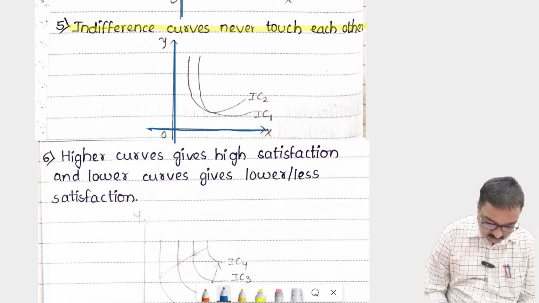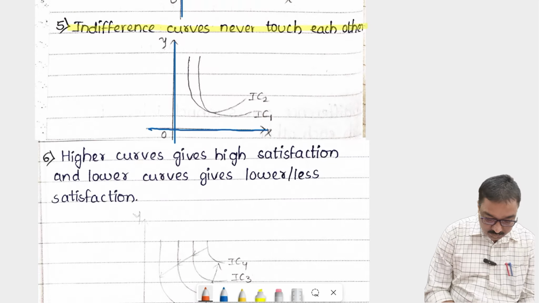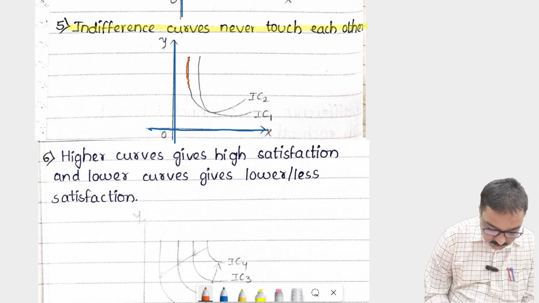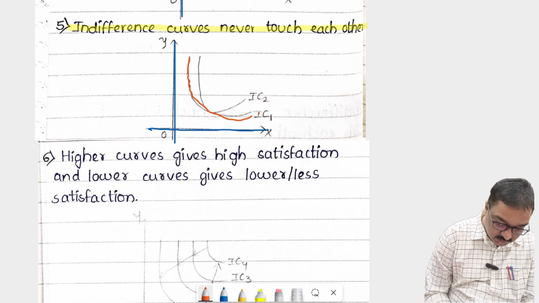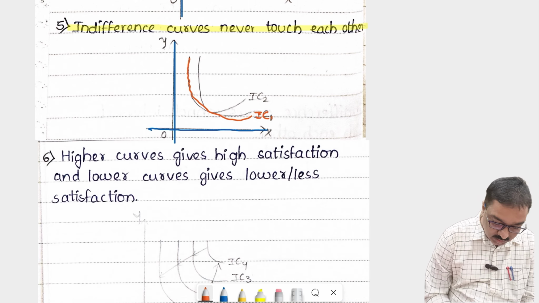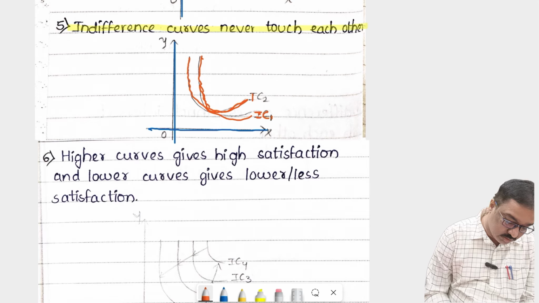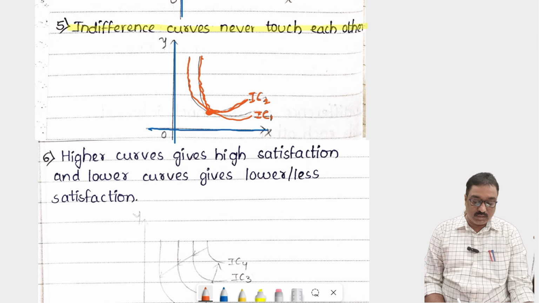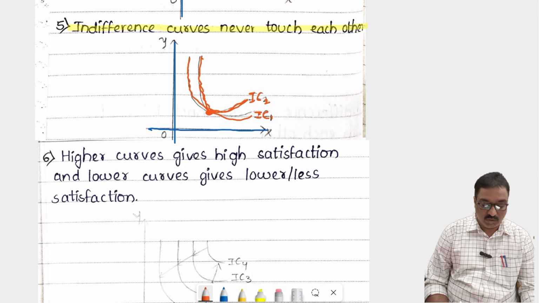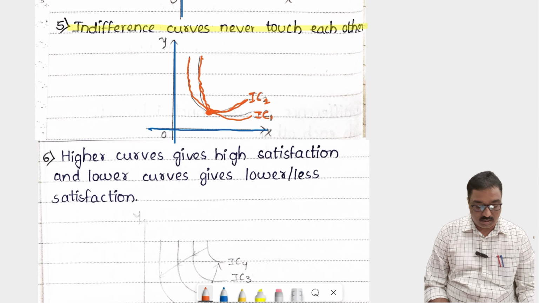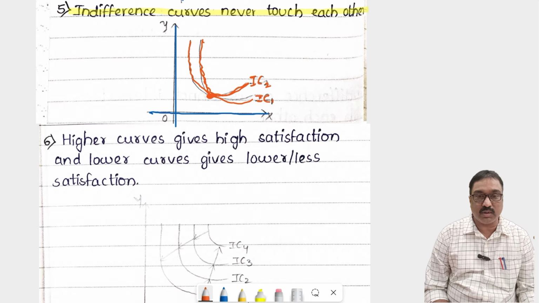Here this is the IC1 curve, this is the IC2 curve. At this point both are touching, so this is also wrong. Indifference curves never touch each other.